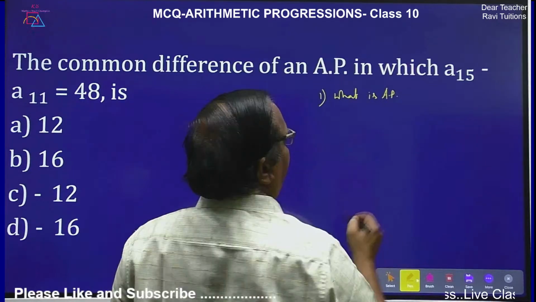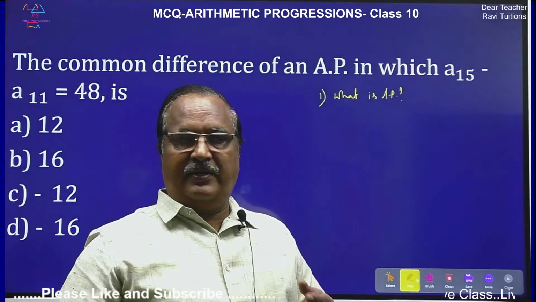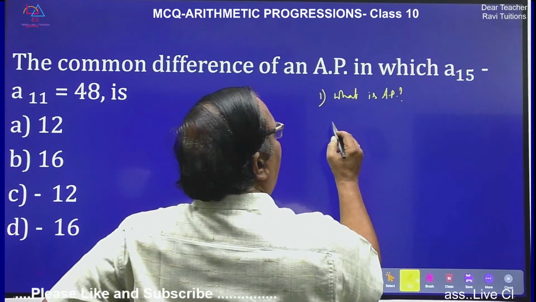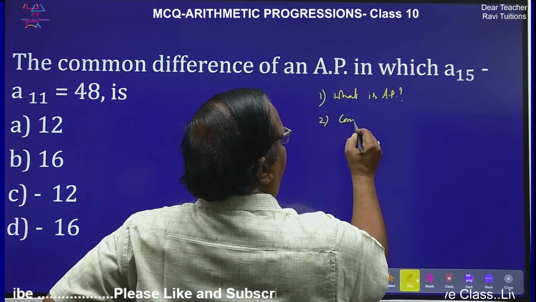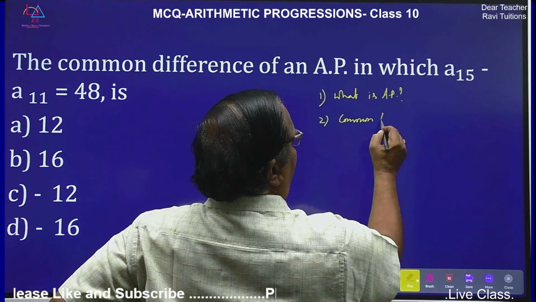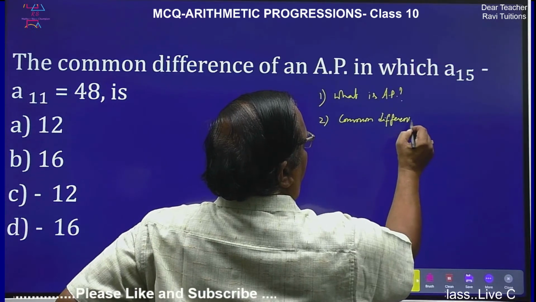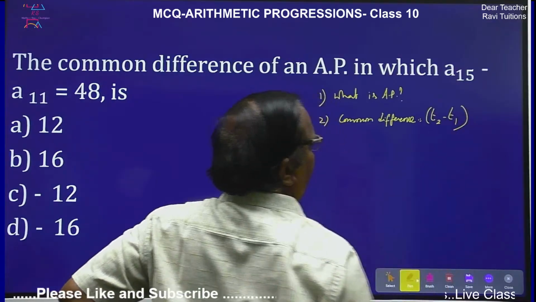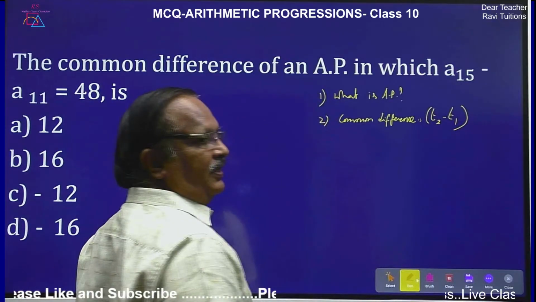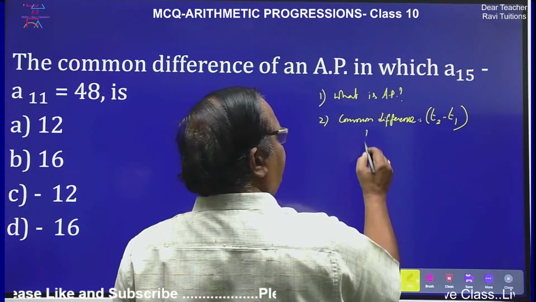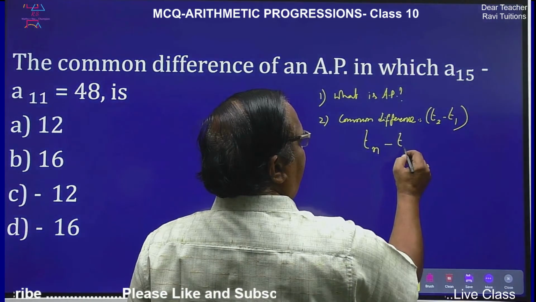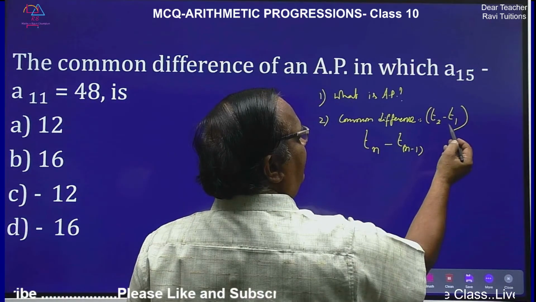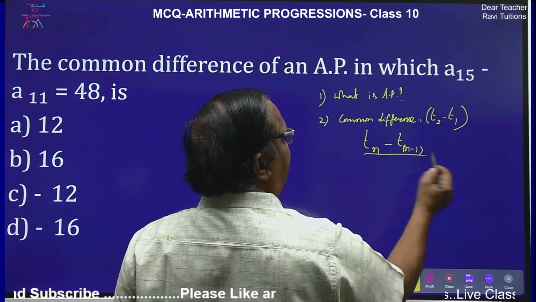This is the first identification. Then what is common difference, because there are some questions on this. Common difference is second term minus first term. You can have it like this also: nth term minus (n minus 1)th term, Tn minus Tn minus 1. So this also can be used.